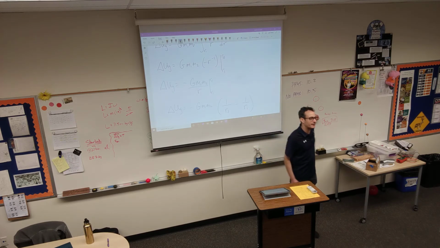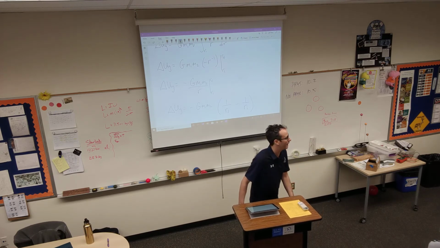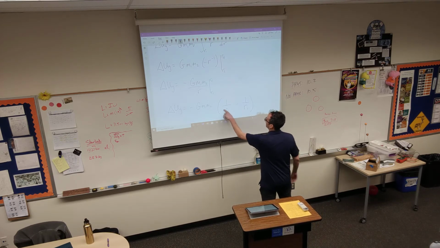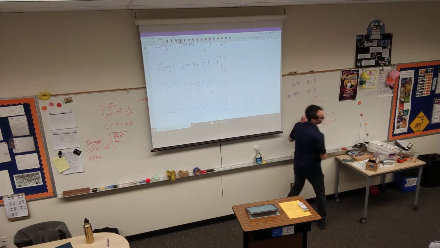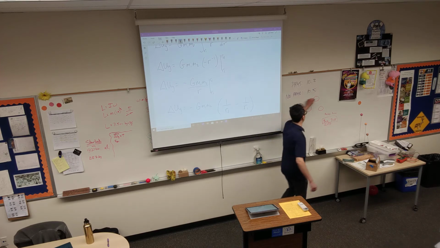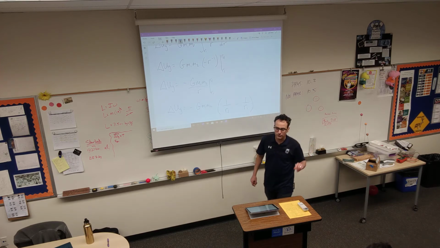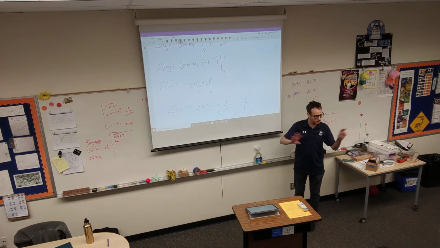If I wanted to calculate the potential energy of a system with 3 planets sitting here, and asked what's the energy stored in this system, I don't want to go through the initial position and the final position of all this. I just want to look at it and calculate the potential energy of that whole system.